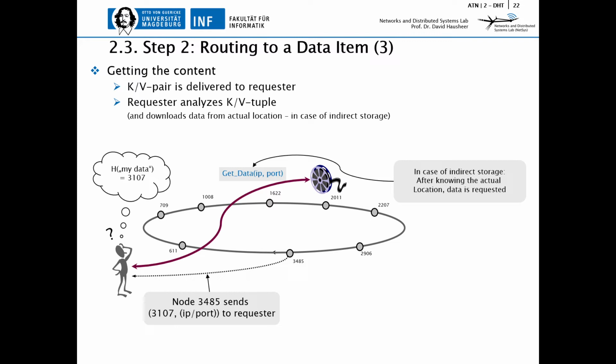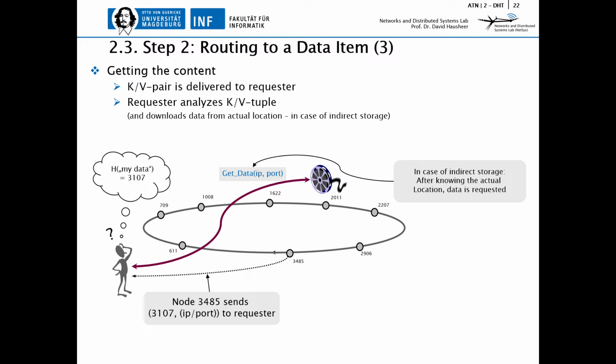One option is that the key value pair is directly delivered to the actual requester, and then the requester analyzes the key value pair tuple, and either that already includes the actual value that the requester is interested in, or, in case of indirect storage, the requester then uses the IP and port address from which the actual data item can be retrieved.